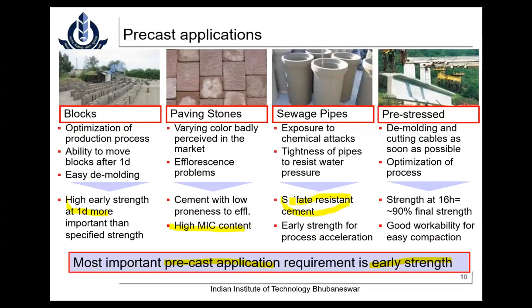Can I intervene, sir, for some time? Yes, please. I just wanted to share Ramco's experience with precast cement. We were looking at various precast manufacturers in various parts of the country, and we understood that the requirement is a fast gain of strength. They wanted to remove the mold as quickly as possible and at the same time decrease the production time.